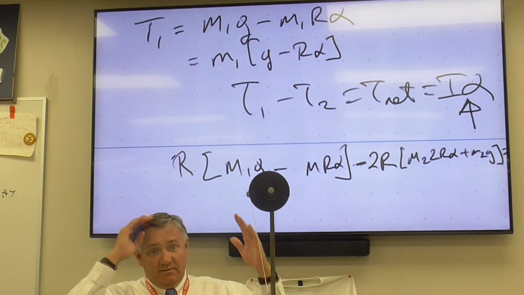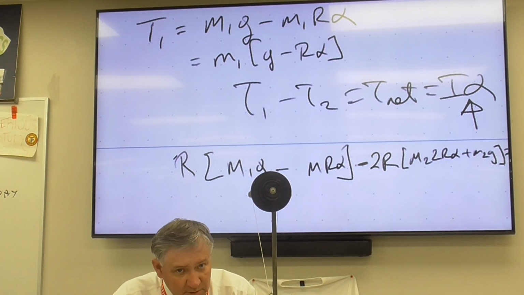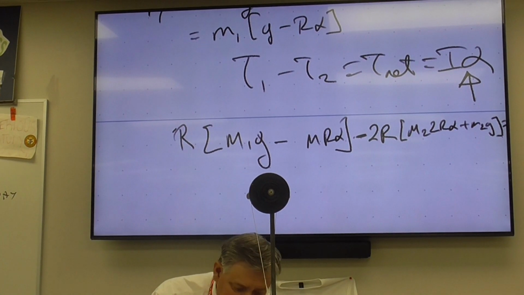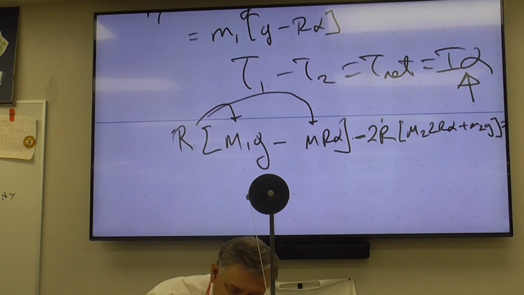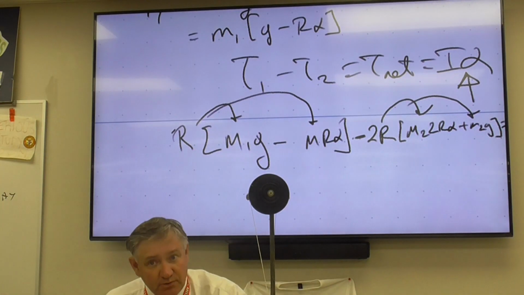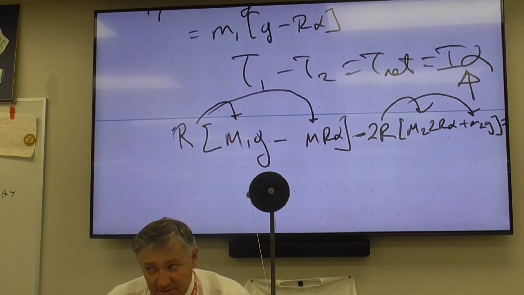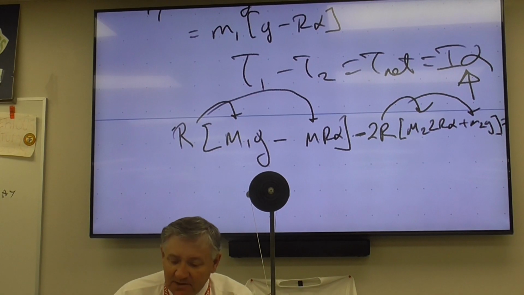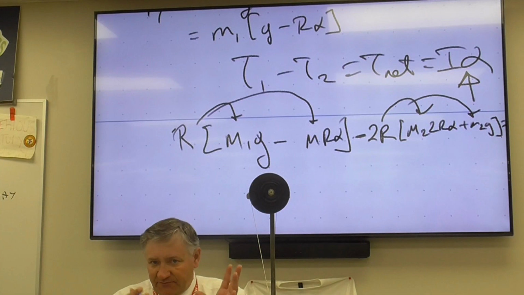So now, at this point, you have to figure out what your multiple choice answers are. What I did at this point, I distributed that R, and then I distributed, now you have to be careful because you're distributing a negative 2R. Then, once you get that, you can begin to combine terms and factor stuff out.